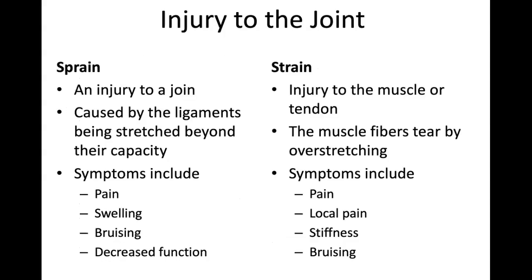So here are 2 injuries to joints that you need to be aware of: sprains and strains. A sprain is typically when people sprain their ankle all the time, twist that ankle, and the ligaments stretch beyond what they're supposed to. And so that causes a sprain. A strain is really a muscle problem. That's when the muscle fibers tear because they've been overstretched.